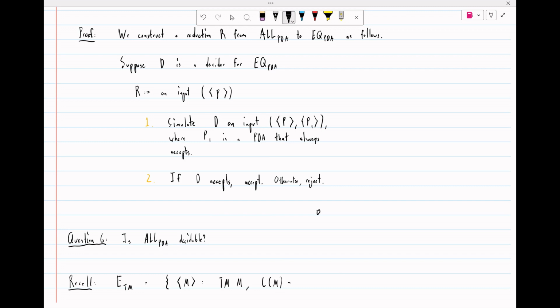Language of M is empty. But yes, if you can think all the way back to Monday, when we showed that this problem ETM was undecidable, how did we do that? First of all, we gave a reduction from ATM to ETM, right? And ATM we knew was undecidable, okay?